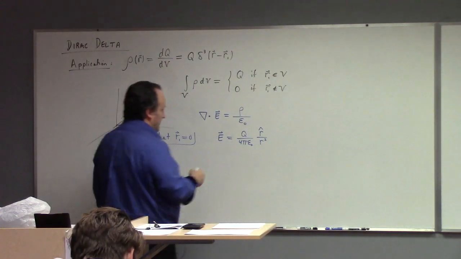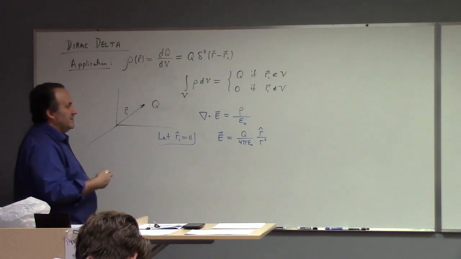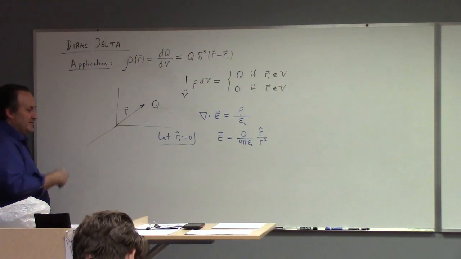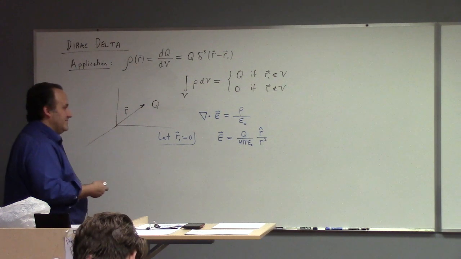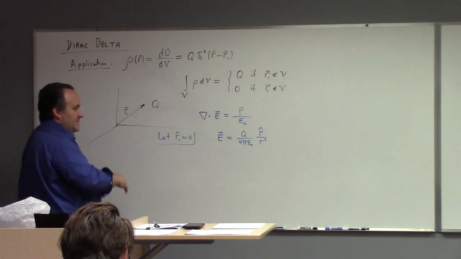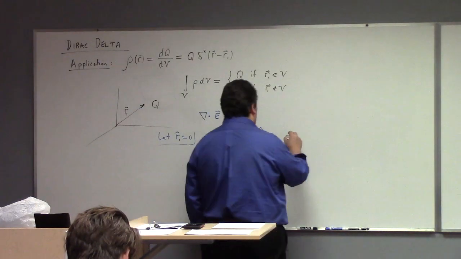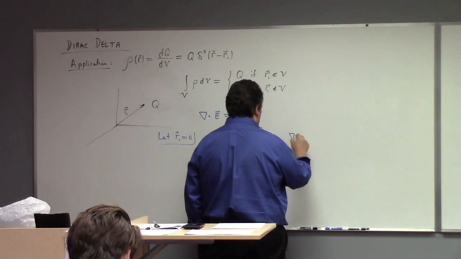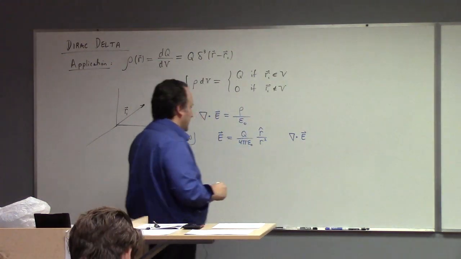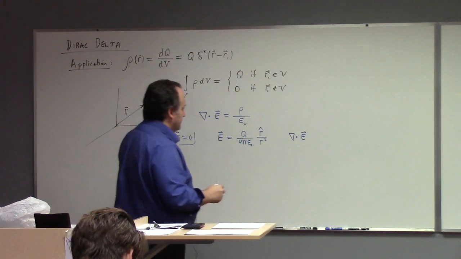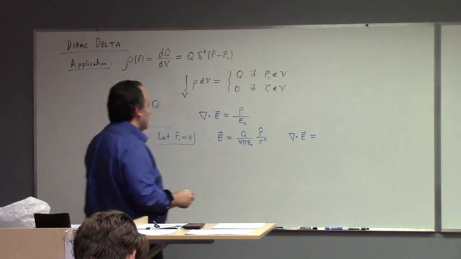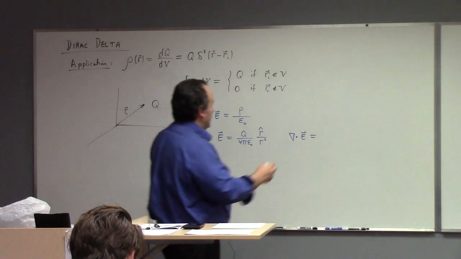Here, r is the spherical radius. We usually use rho in Calc 3, but obviously I don't want to use rho here because rho is the charge density in physics. Oh well, there's only so many letters to go around. But you notice that if we calculate the divergence of the electric field, how does that work? Look at this.